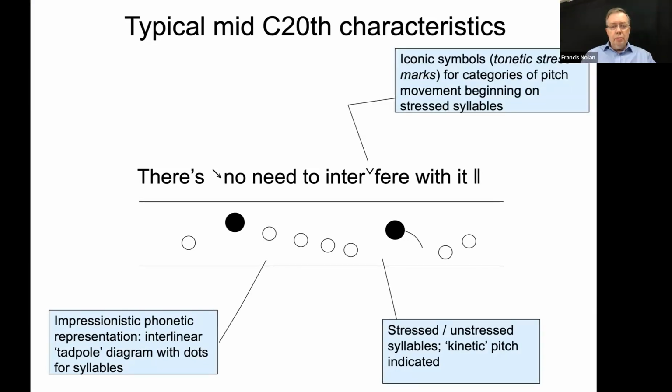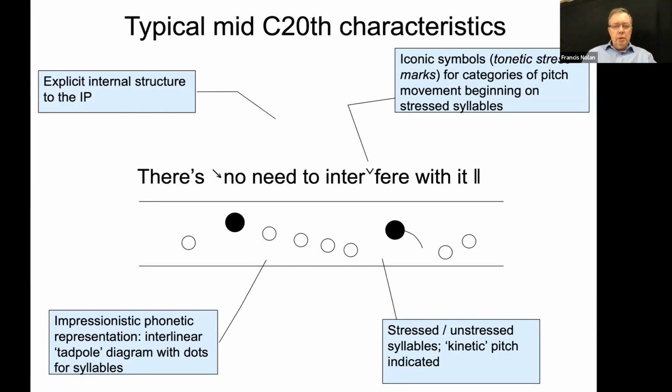At the top, you've got what are sometimes called tonetic stress marks. They're iconic symbols indicating pitch movements. So "interfere with it", at the end there is a fall-rise. "No need to interfere" is a downward glide indicated by the downward arrow here.